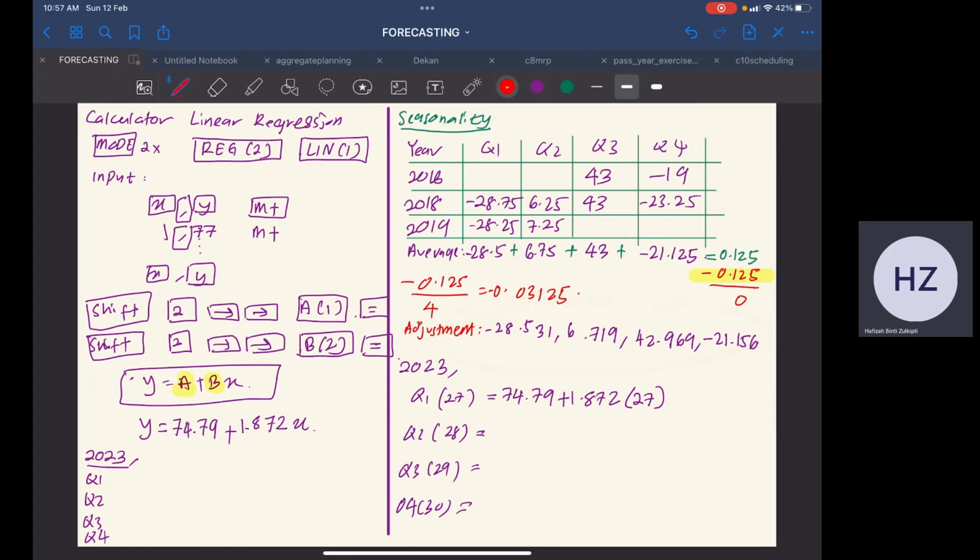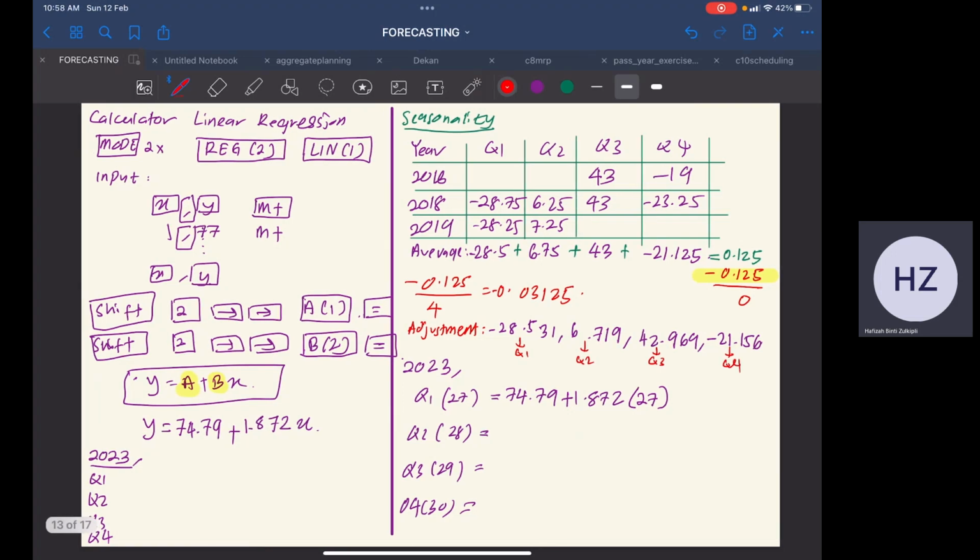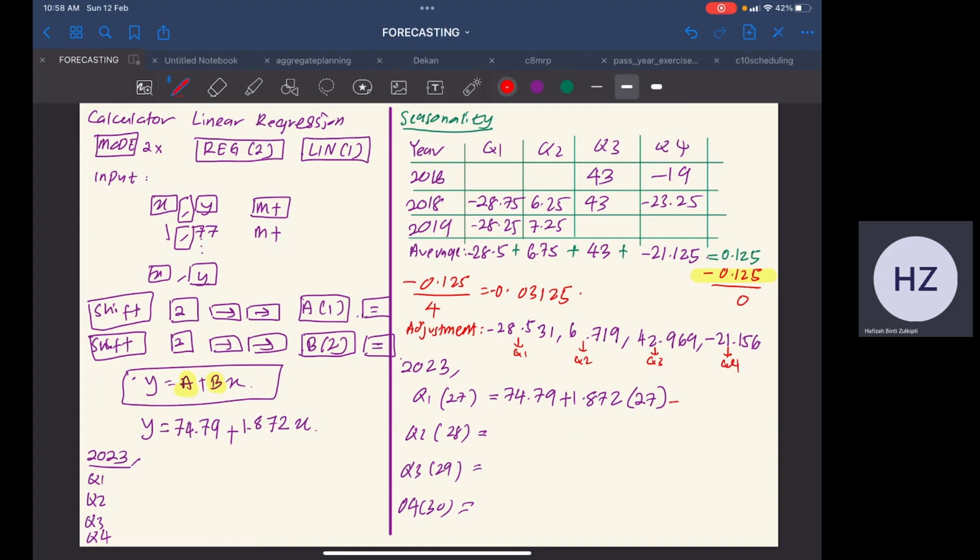So this represents quarter 1, quarter 2, quarter 3, quarter 4. So we need to add this adjustment value. So plus minus becomes minus 28.531. And then the second quarter, 74.79 plus 1.872 times 28. So I write it first.